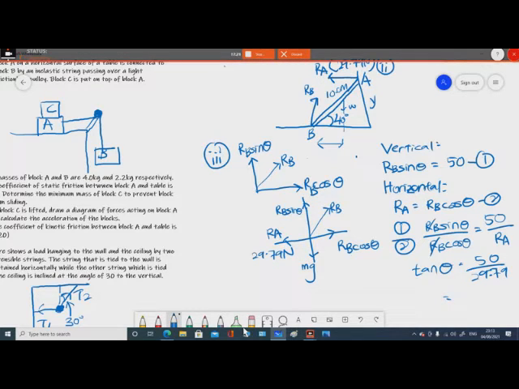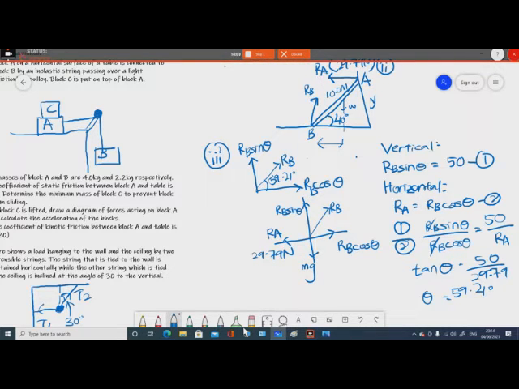So the theta we got is 50 divided by 29.79, and the inverse tangent gives 59.21 degrees. So this 59.21 degrees is the angle of RB from the horizontal axis.